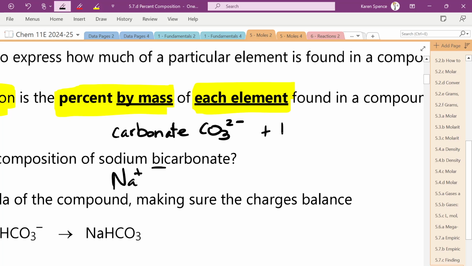For bicarbonate, we add an H plus, so that becomes HCO3, and because we have a 2 minus and a 1 plus, our charge is now negative. Of course, bicarbonate is listed on your table of common ions, but it's kind of nice to know how those things work.